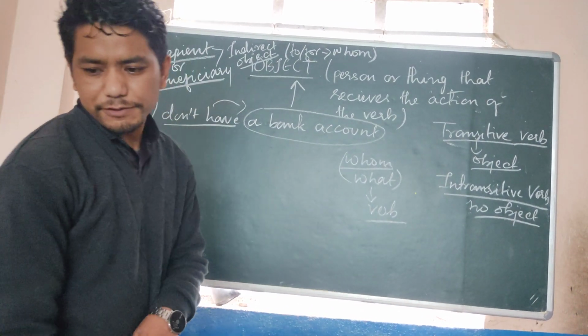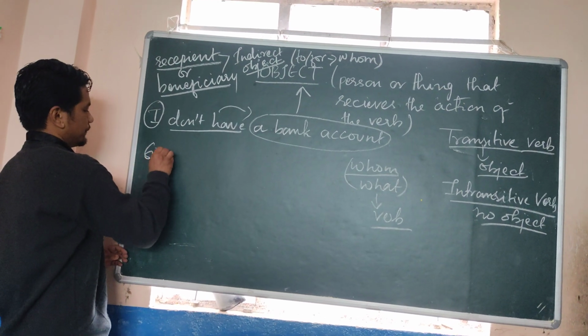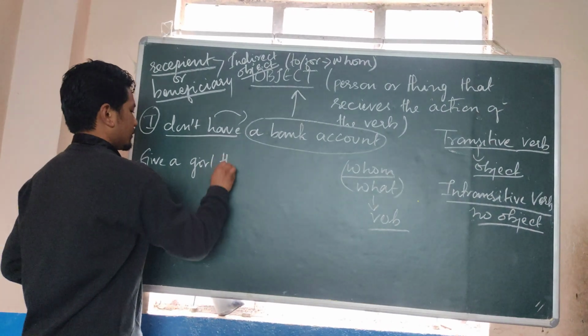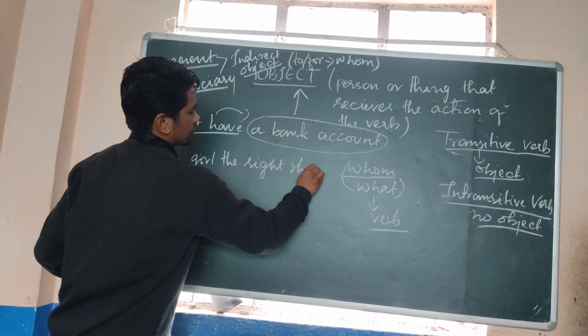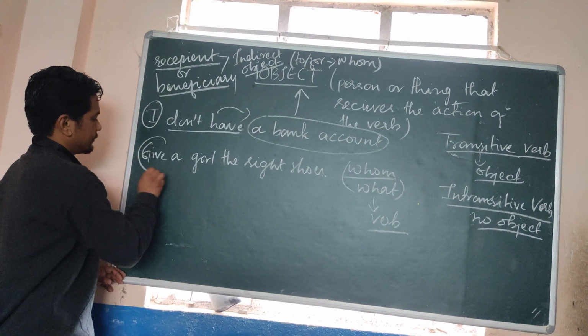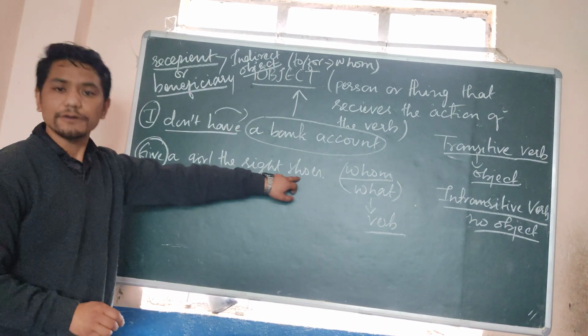If I give you an example: give a girl the right shoes. Suppose this is the sentence and the verb is give. Give what? The right shoes.